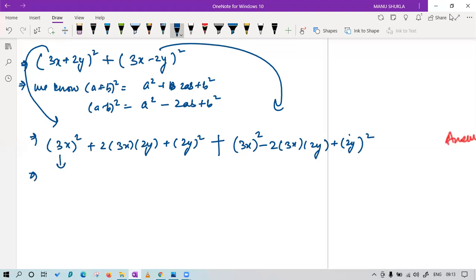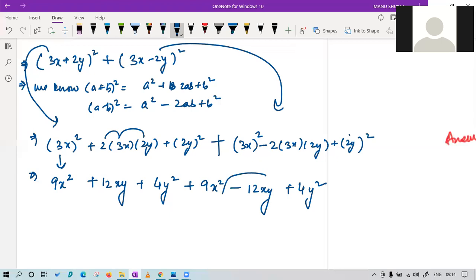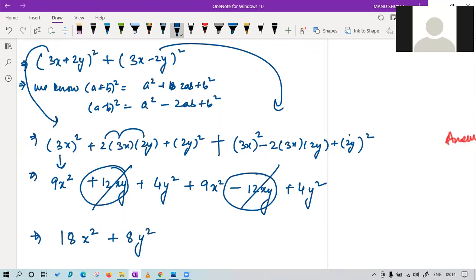What will we get over here? 9x square plus 2 3s are 6, 6 2s are 12, xy plus 4y square plus 9x square minus 12xy plus 4y square. If you see, these terms are exactly the same and of negative sign, so they will cancel each other. The remaining will add and we will get 18x square plus 8y square. And this is the simplified answer.